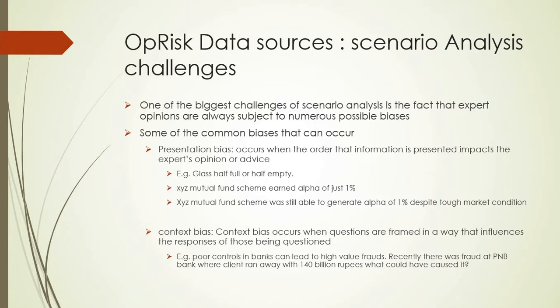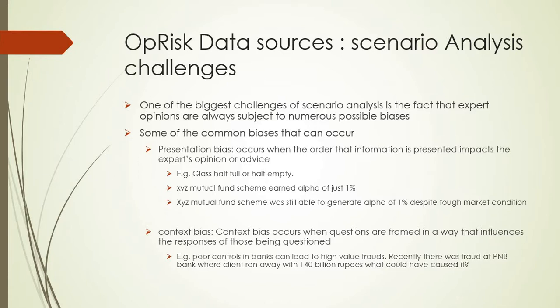If somebody has to make a positive outcome, then they will think of a glass which is half filled with water as half full. If somebody has to spread negativity, they will think of it as half empty. So which is a common cliche. It is nothing but a very simple example of presentation bias. So let's say a mutual fund scheme earned alpha of just 1%.